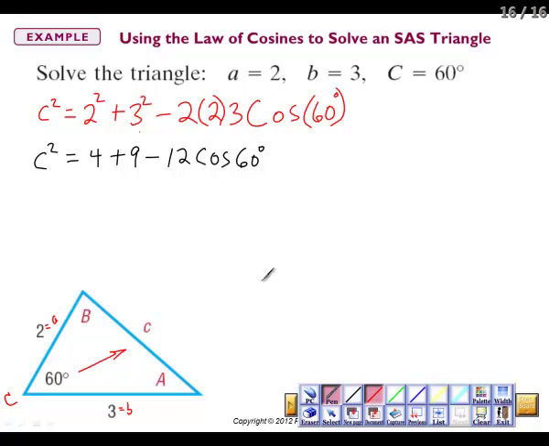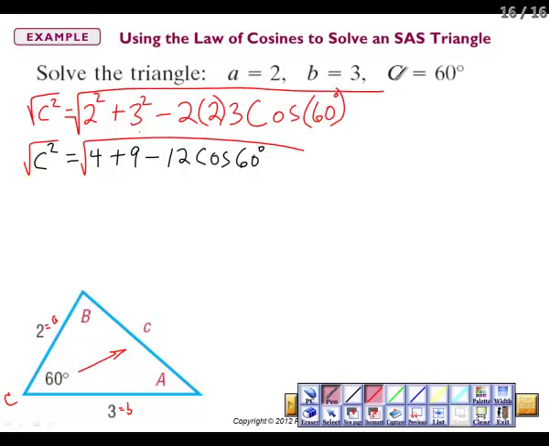You could apply the whole thing in the calculator, but you'd have to apply the square root to the whole thing. If I ask you to show work, you could just show me this part here and then punch the rest of it in the calculator and get your answer.